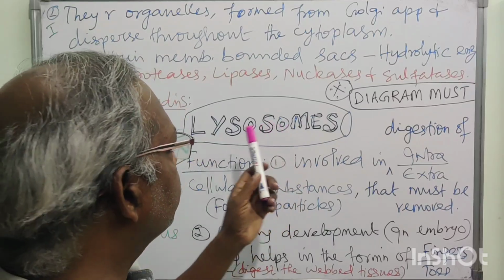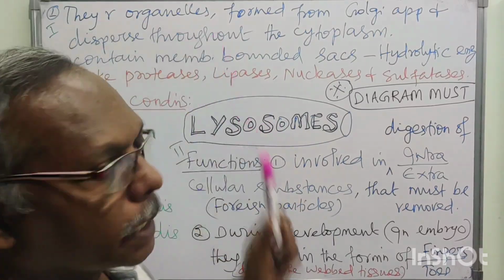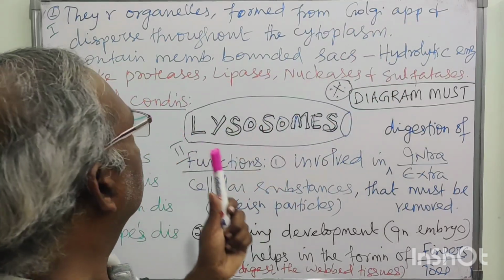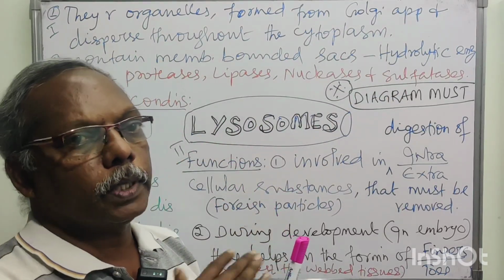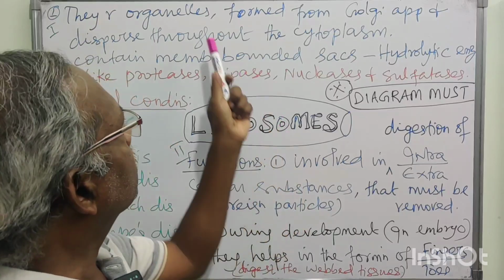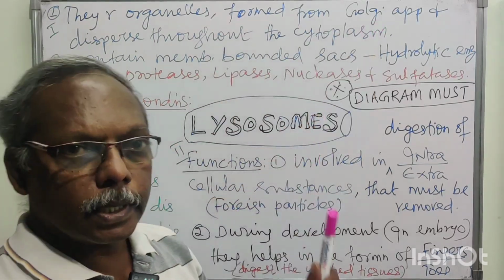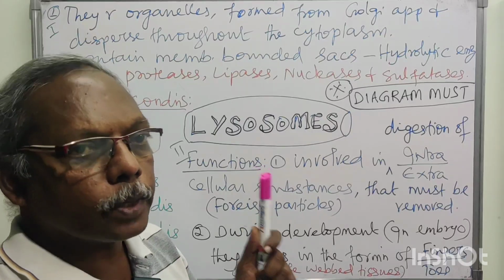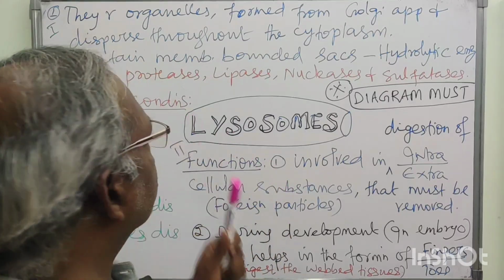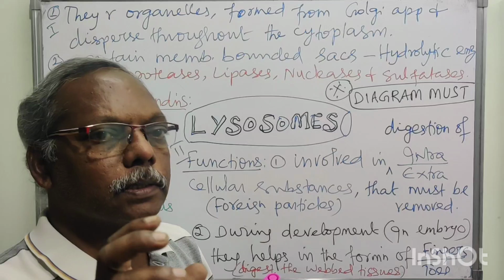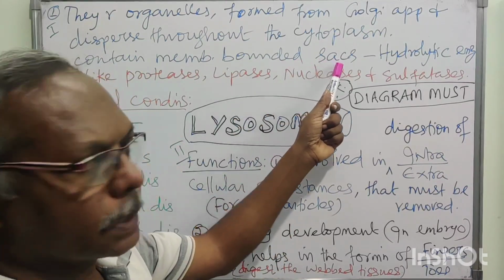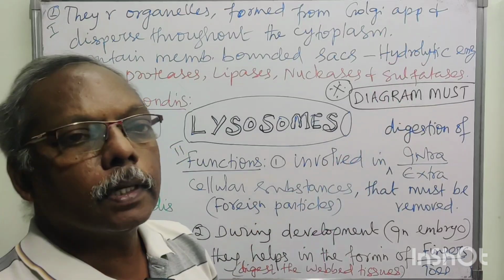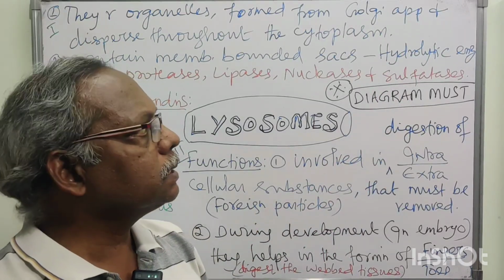So the lysosome definition is that they are organelles formed from the Golgi apparatus and dispersed throughout the cytoplasm, right? Second point is they contain membrane-bounded sacs, small vesicle-like sacs, which contain hydrolytic enzymes.